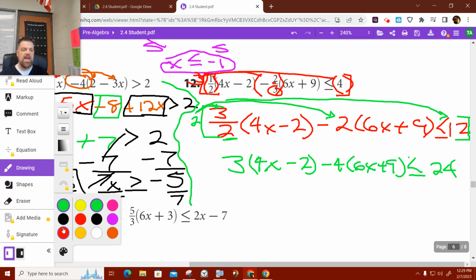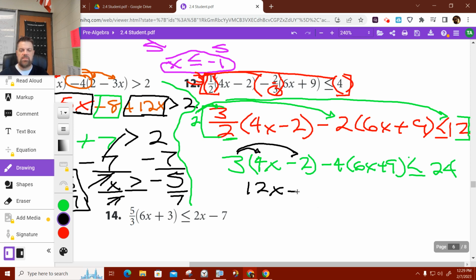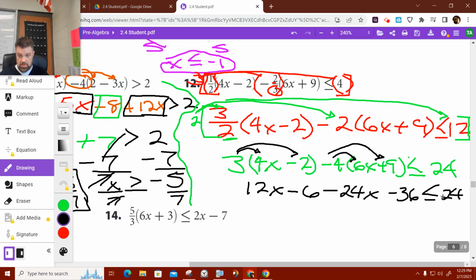All right. So now I'm going to distribute through the parentheses. Now that I've gotten rid of all the fractions, 12x, 3 times negative 2 is negative 6. Then negative 4 times 6x is negative 24x. And then negative 4 times 9 is negative 36. And then this just stays less than or equal to 24.